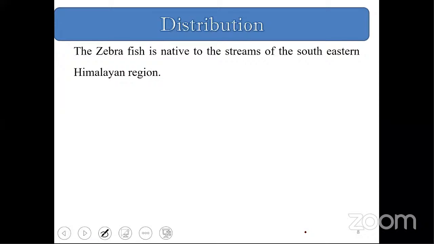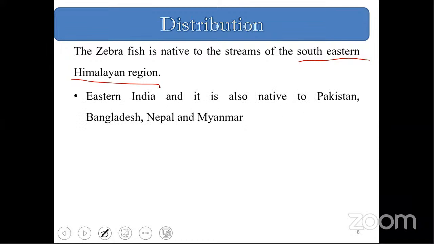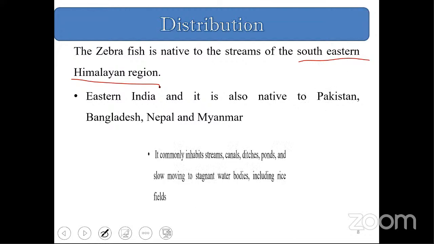And coming towards the distribution, the zebrafish is native to the streams of the southeastern Himalayan region. Also, in eastern India, it is native to Pakistan, Bangladesh, Nepal, as well as Myanmar.